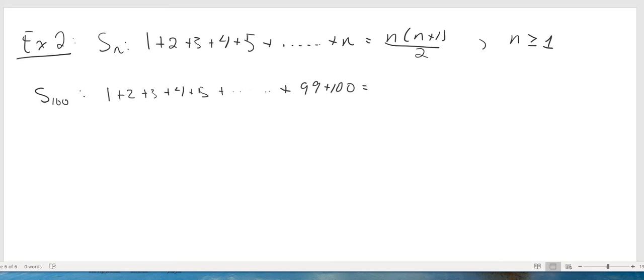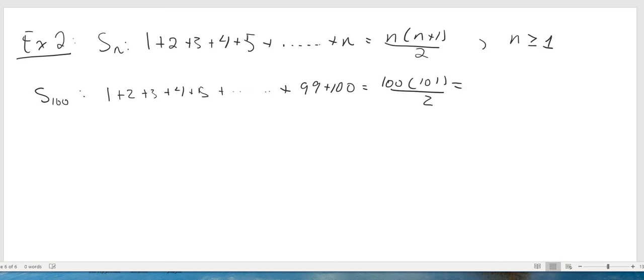You would use your calculator. But we have a formula that would give you this answer without having to do all of this, right? So according to this formula, you would plug in 100 in place of n. So it's 100 plus 1, divided by 2.